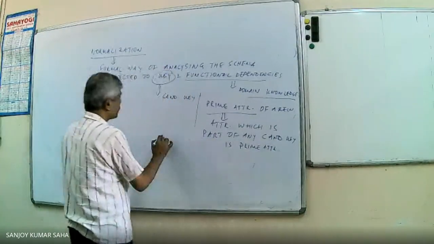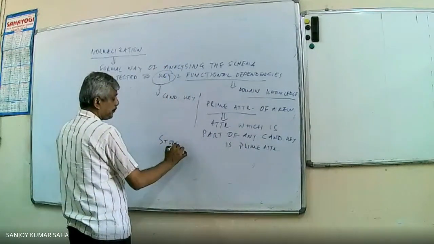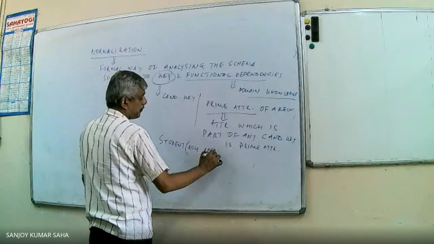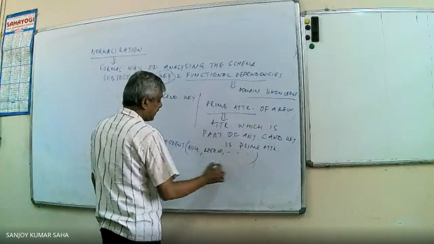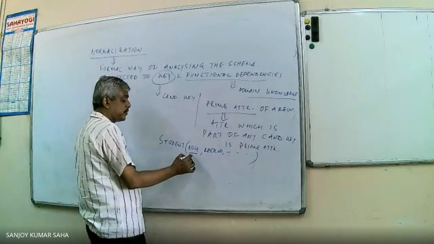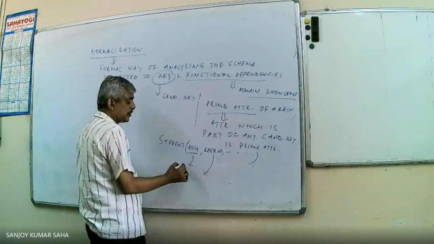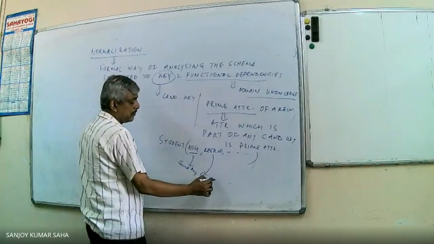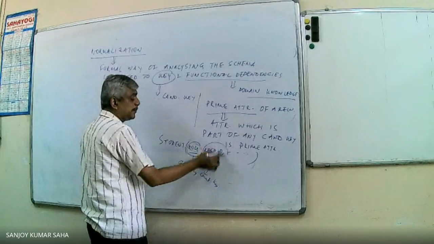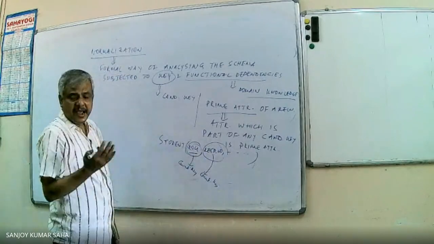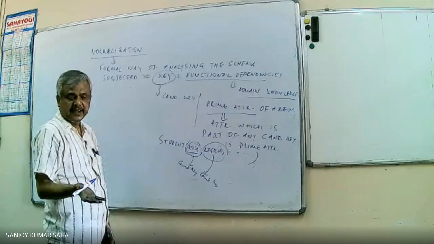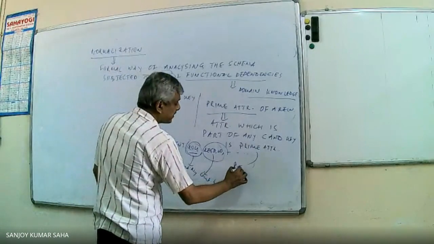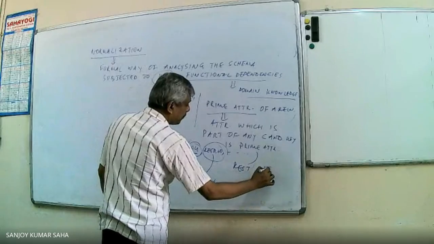Suppose in our student relation, if we have roll number, registration number, etc., we will show that this is also unique. So this is also a candidate key. So then this is also a prime attribute. An attribute which is part of any candidate key, we will say those are the prime attributes. Then obviously the rest are non-prime.